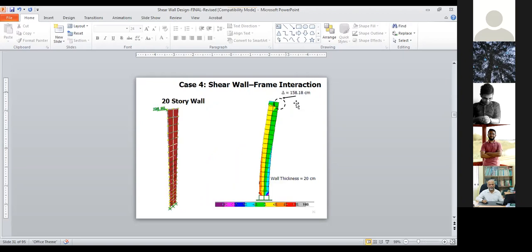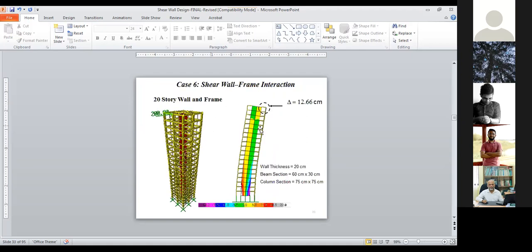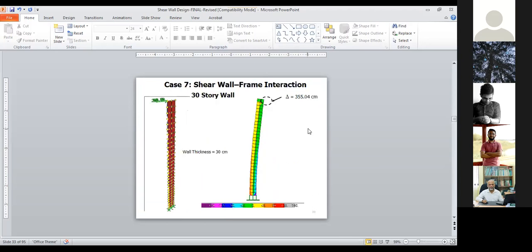You see that. So if you use the shear wall alone, it will be very difficult to control the deflection. You need both systems together to control it. If you combine both systems together, the top deflection becomes 12.66 centimeters. So you easily realize the effectiveness of using the shear wall and frame system together.